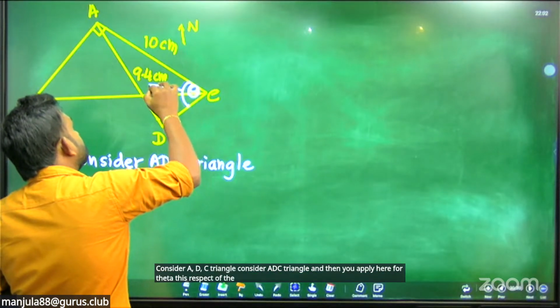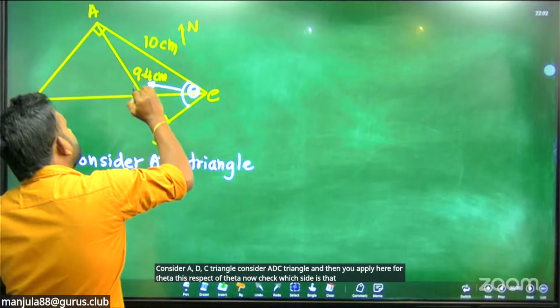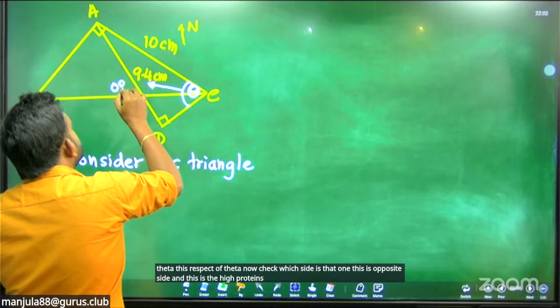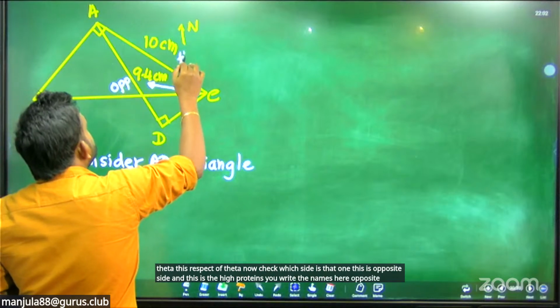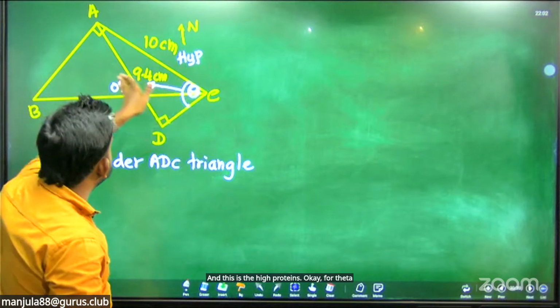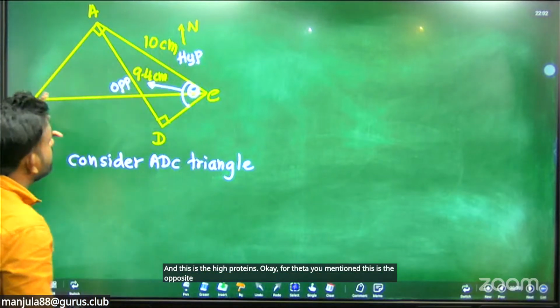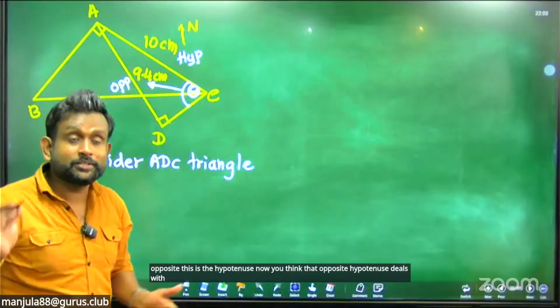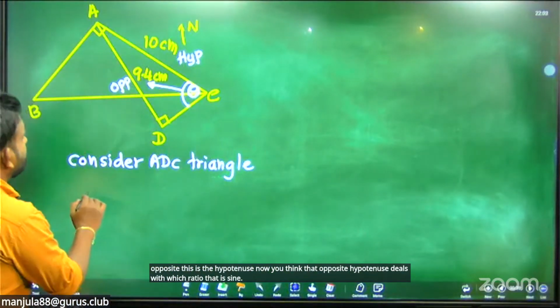Now check which side is that. This is the opposite side, and this is the hypotenuse. You write the names here: opposite, and this is the hypotenuse. Okay, for theta, this is the opposite, this is the hypotenuse. Now think: opposite and hypotenuse deal with which ratio? That is sine. So now you apply sine theta.